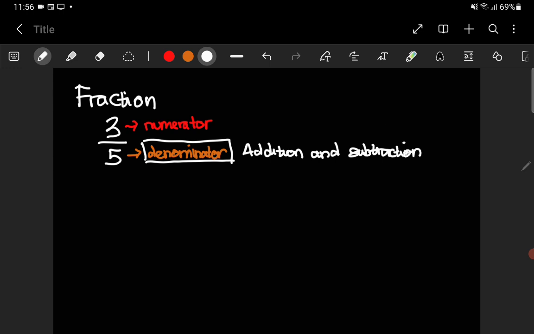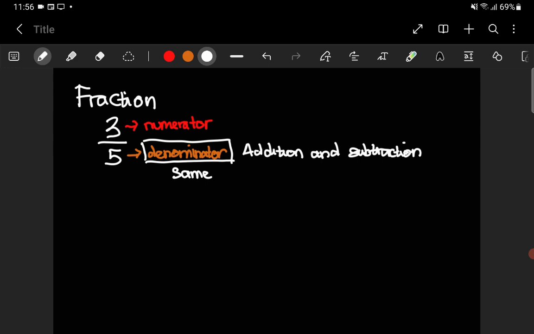Again, when you're dealing with addition and subtraction involving fractions, you need to make the denominator the same. I will give you an example about it.